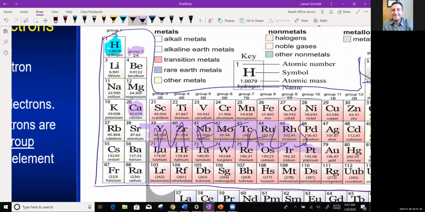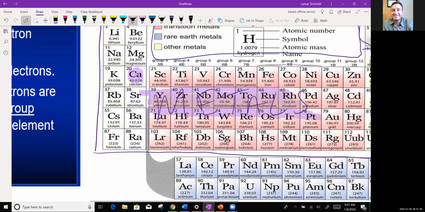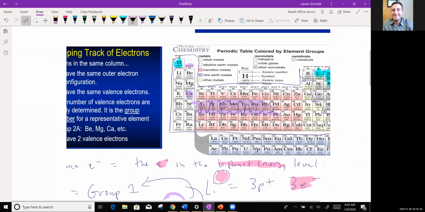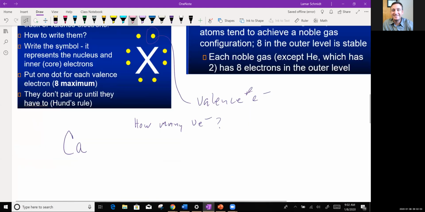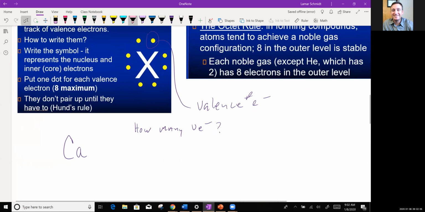It's in group 2, so it must have 2 valence electrons. So we're going to draw 2 valence electrons around our symbol for calcium, because remember, these dots represent only valence electrons. Calcium has way more than 2 electrons, but it only has 2 in its highest energy level. You can look at your periodic table and look at group 2. You can also write the electron configuration and see that as well: 1s2, 2s2, 2p6, 3s2, 3p6, 4s2.